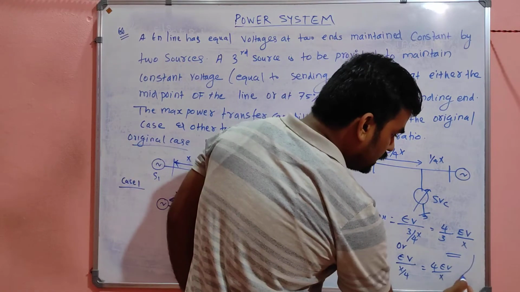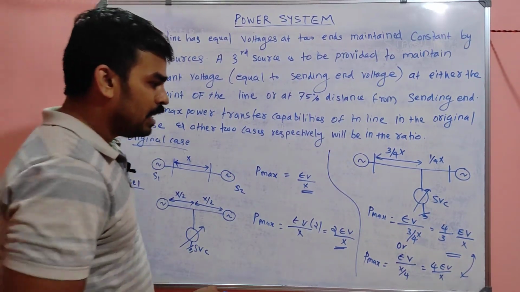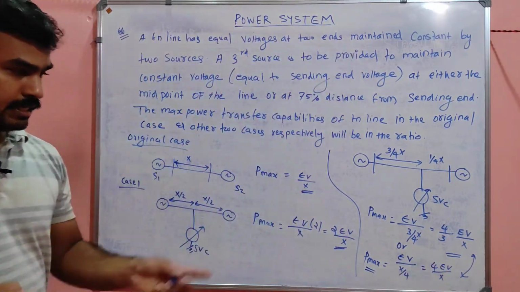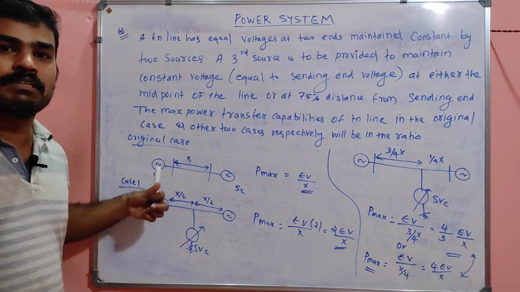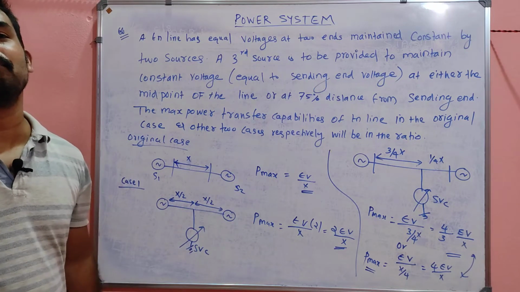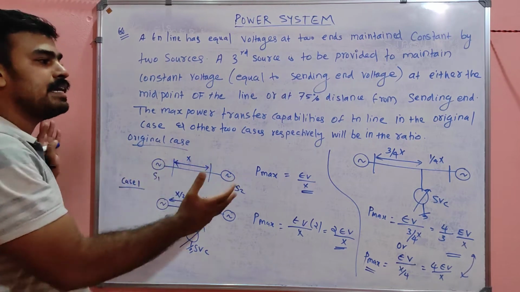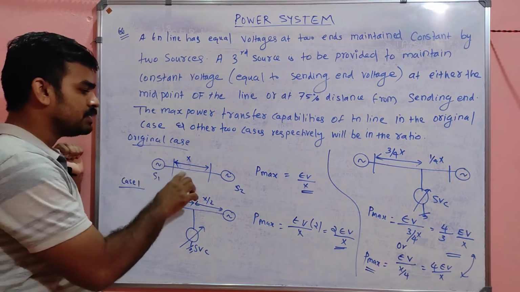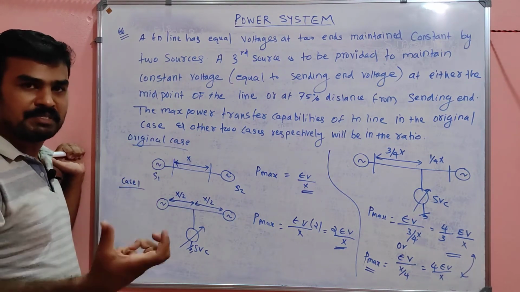By comparing these two, you have to note one important thing, my dear. If the power handling capacity is 4 times that of the original case, that is 4EV by X, the system will have that much tendency to be unstable. That much power handling capacity will not be carried by the conductors. The transmission line is already designed by some conductor specification.